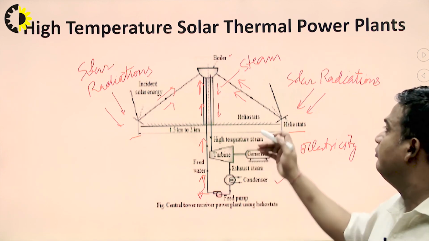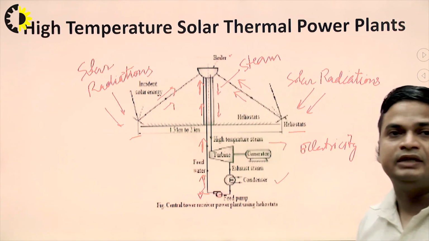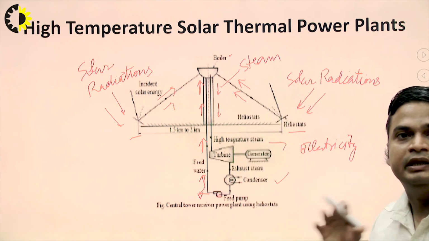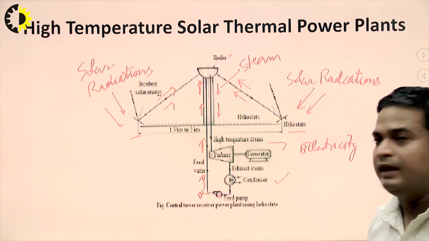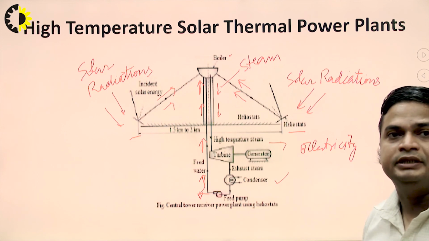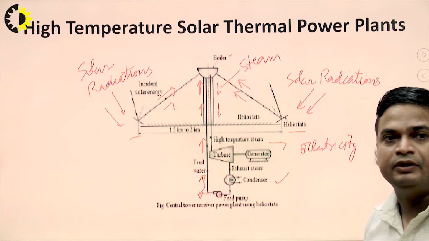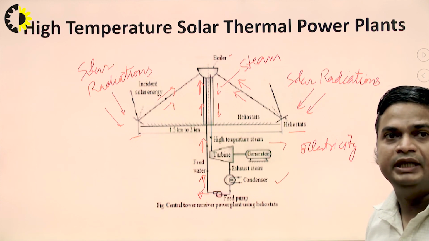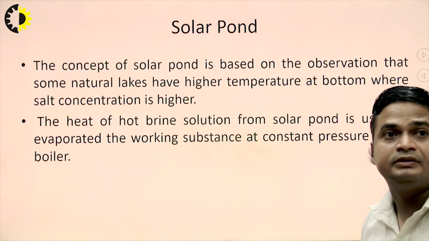Again here the feed water is converted into steam by taking the radiations of the heliostats. A large number of heliostats are there, and similarly this water is converted into steam, and the process repeats. So this is about high temperature solar thermal power plants.